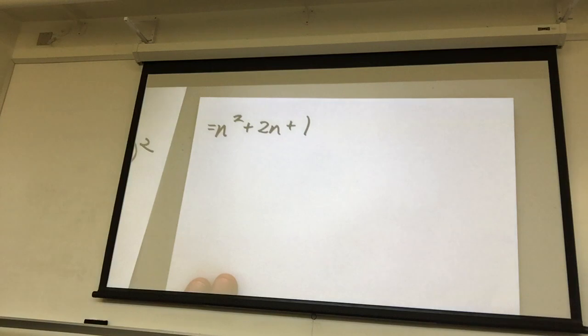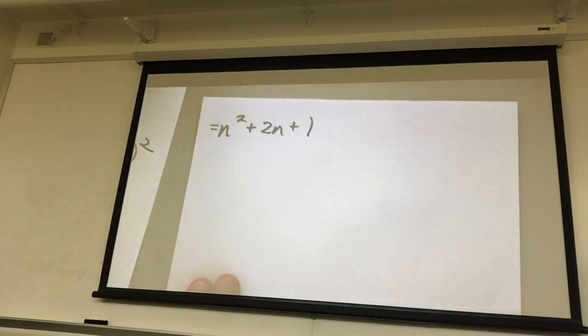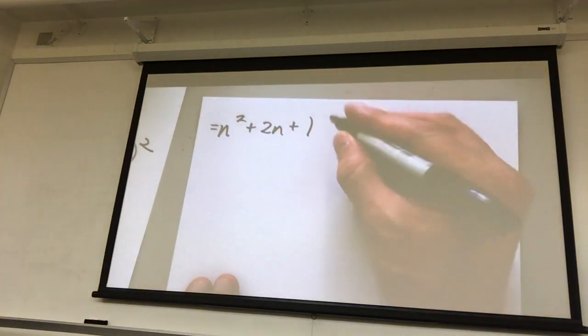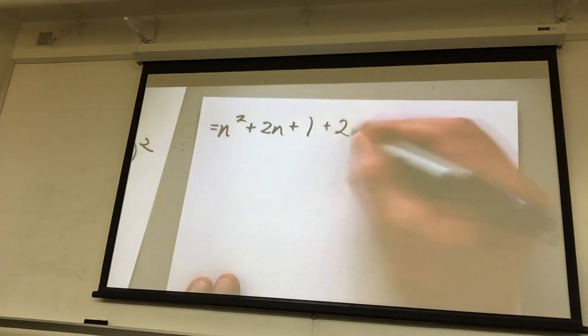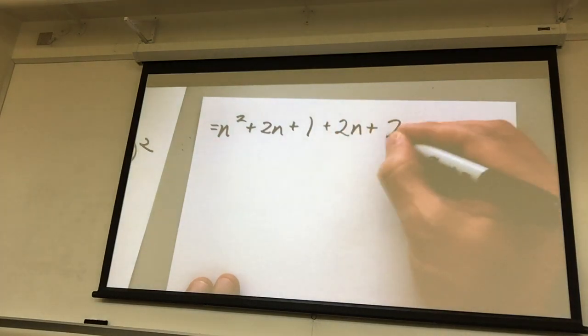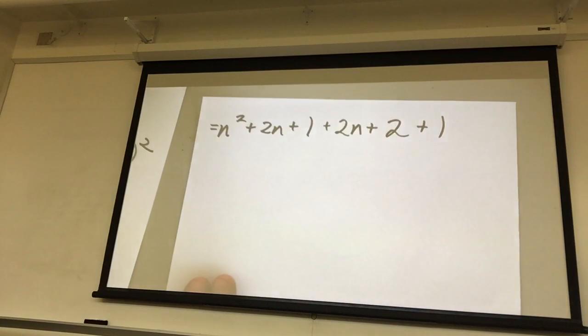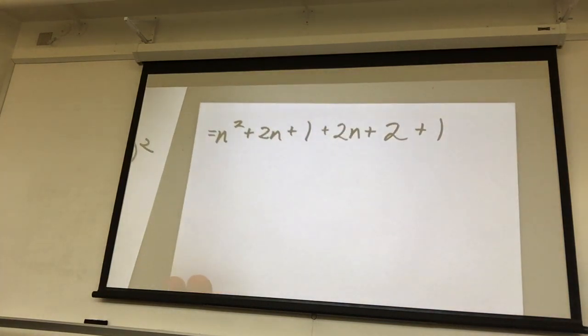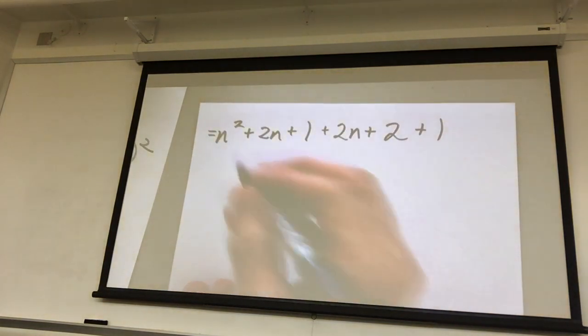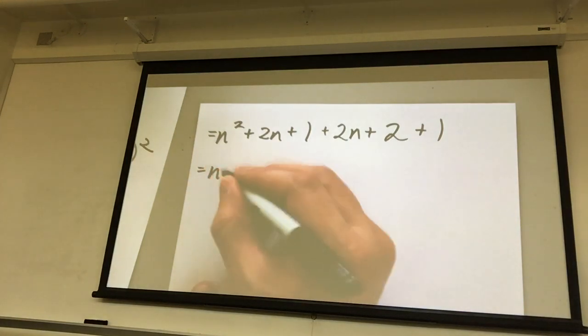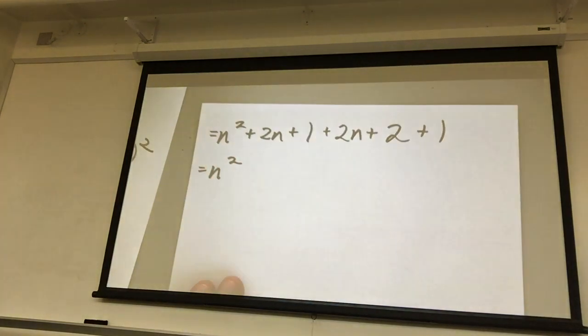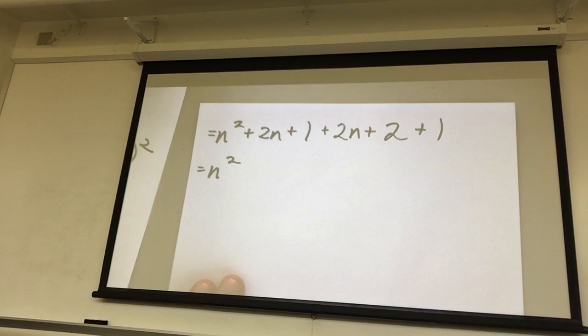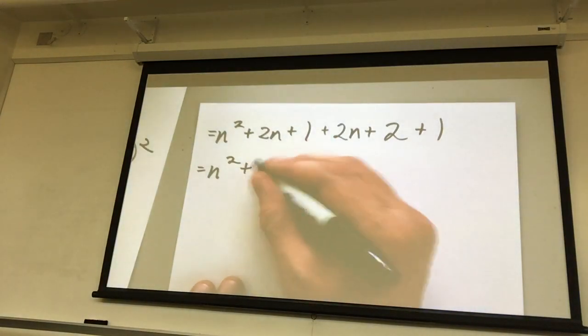That's just doing FOIL on n plus 1 squared. And then, okay, so plus 2n plus 2 plus 1. All right, so n squared is going to stay by itself. And then 2n plus 2n would turn into a 4n.